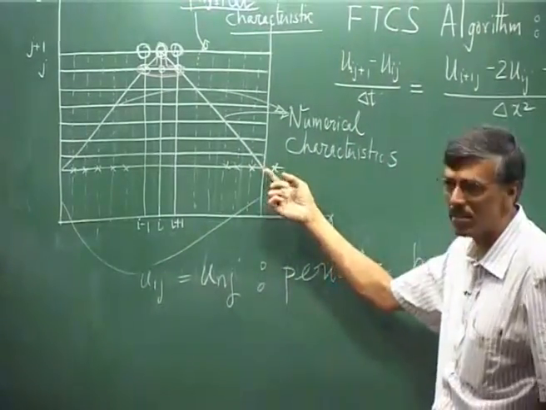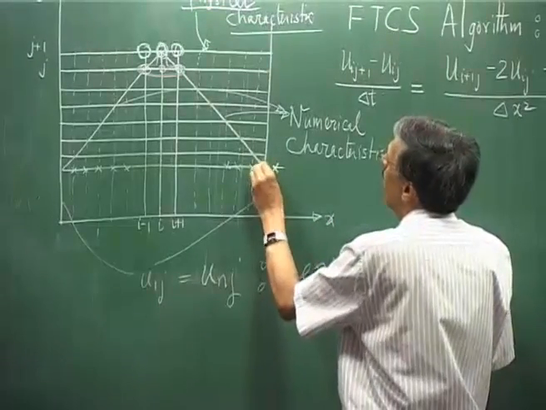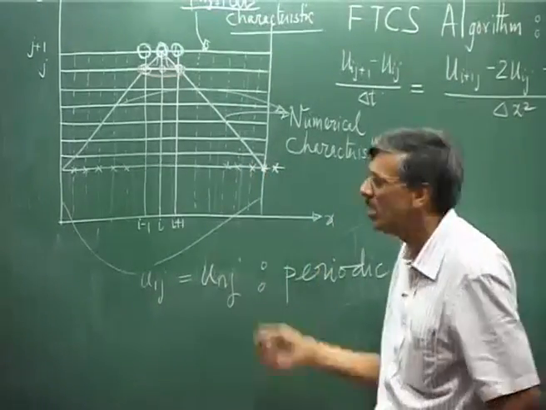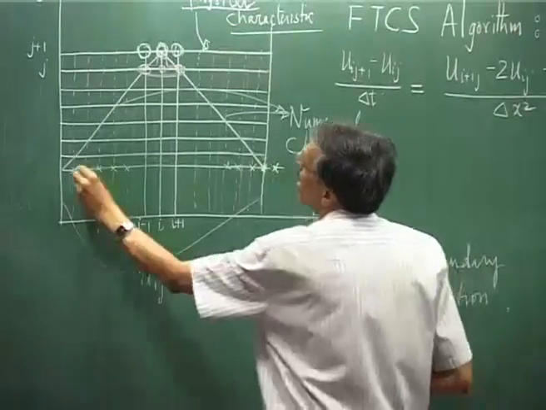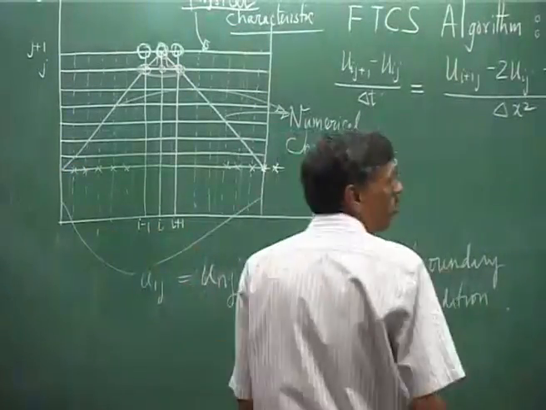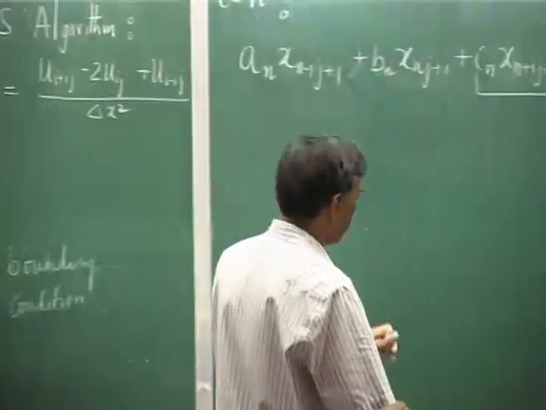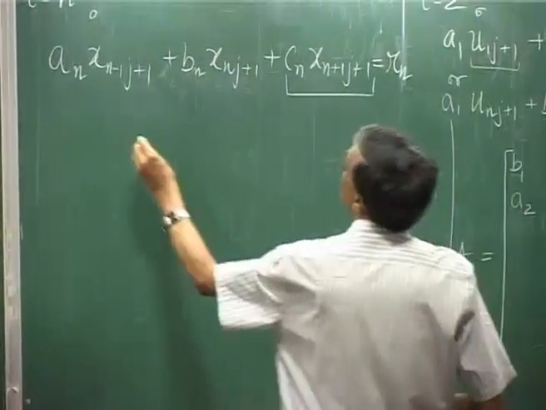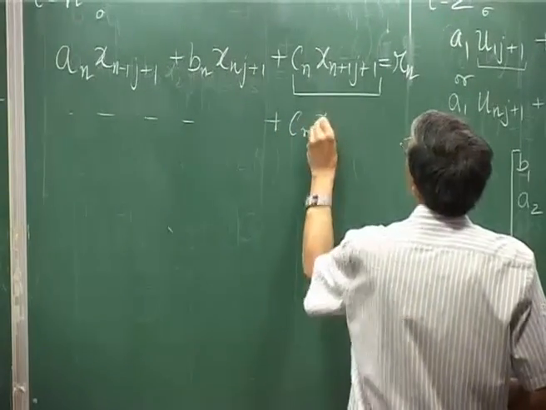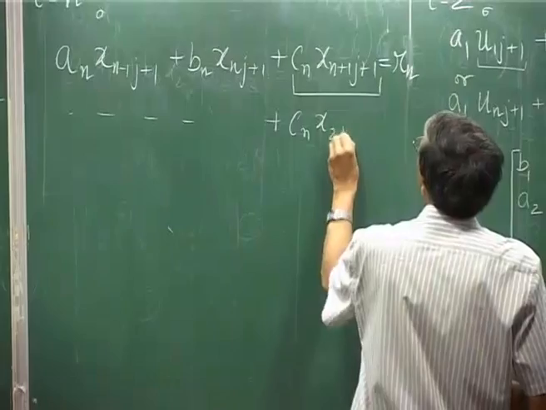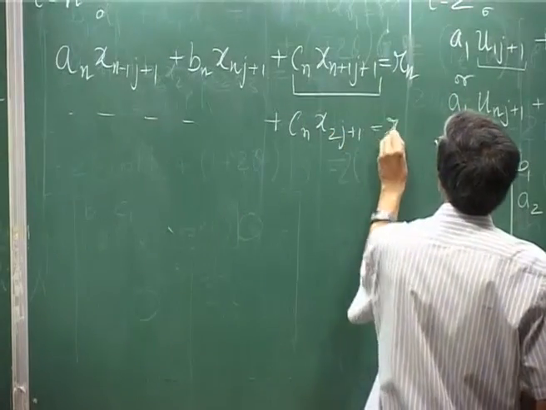If I write it for this, it involves all these 3 nodes. What about this point? It actually will be here, because it is periodic. So I am just simply going to write the same thing, but here I will write cn x2 at j plus 1 is equal to rn.